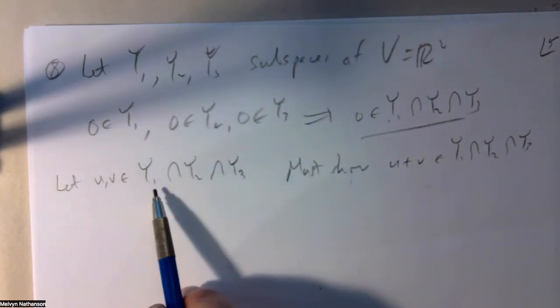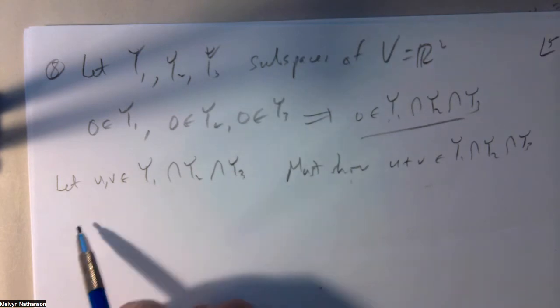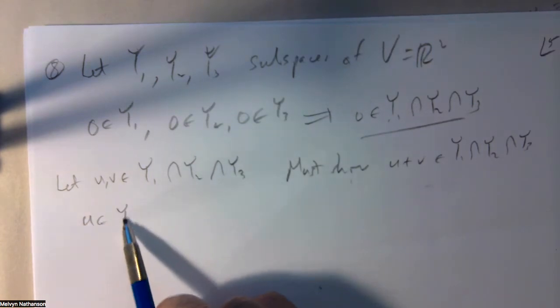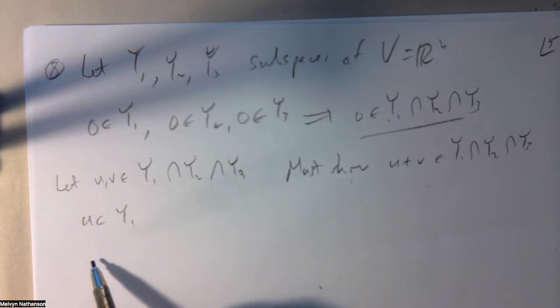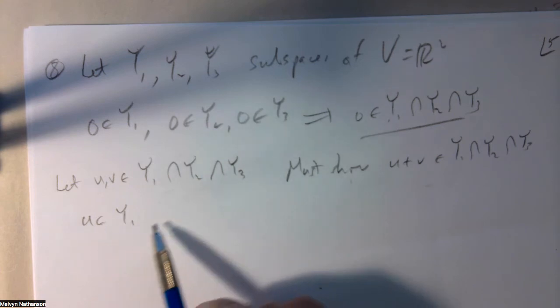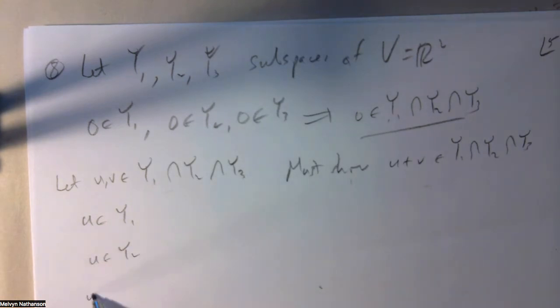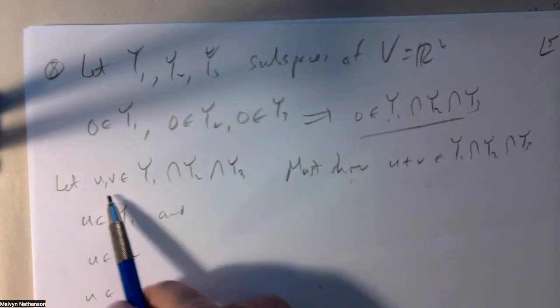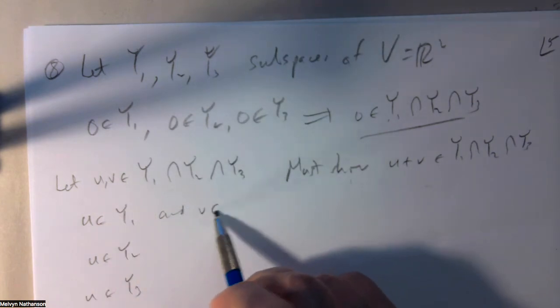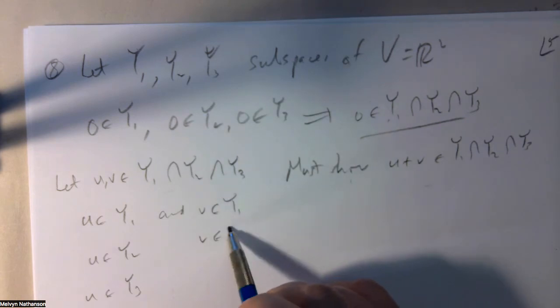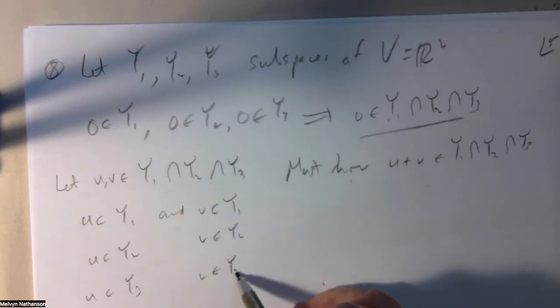But if u and v are in this intersection, this says u is in Y1, u is in Y2, and u is in Y3. And if v is in the intersection, v is in Y1, v is in Y2, and v is in Y3.